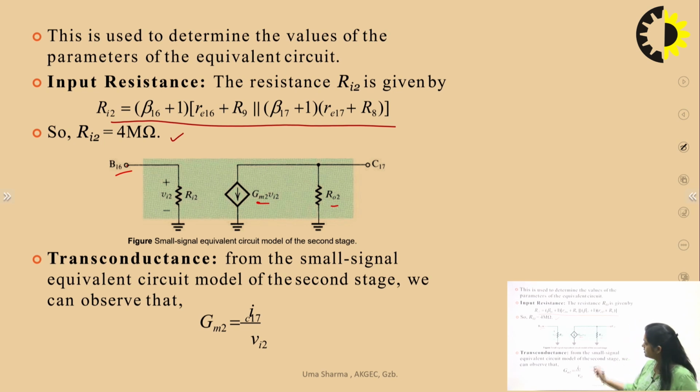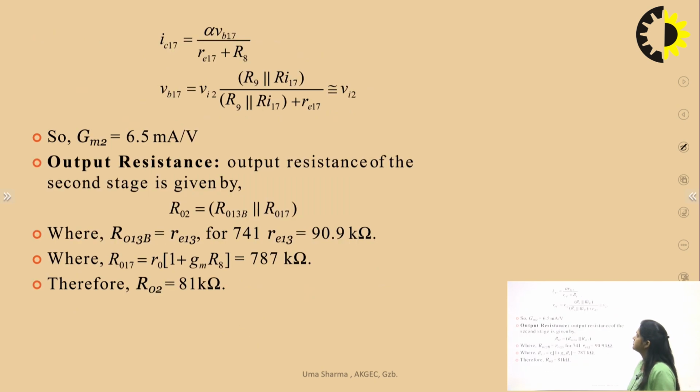Now come to the transconductance. From the small signal model, the transconductance can be defined as IC17, this current, divided by Vi2, input voltage, because IC17 is nothing but I output. So Gm2 can be defined as output current upon input voltage. So now we can calculate this value.